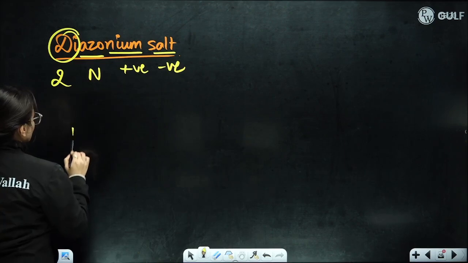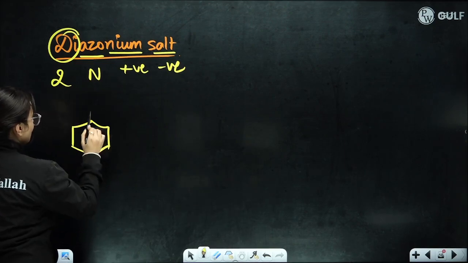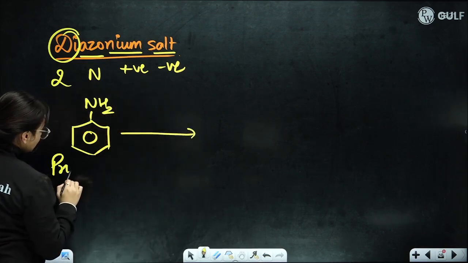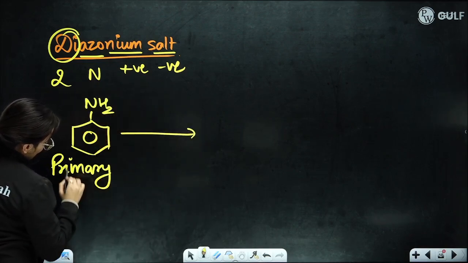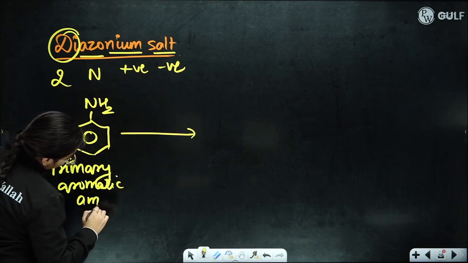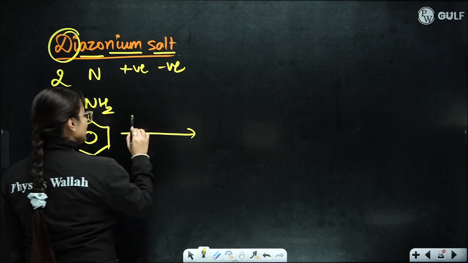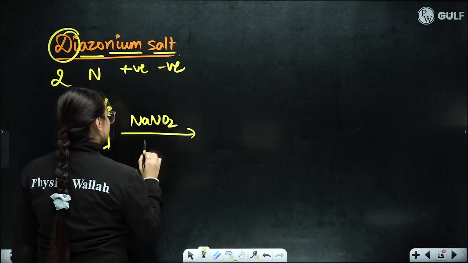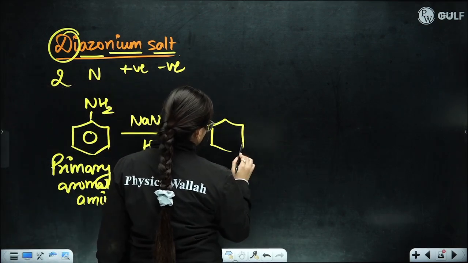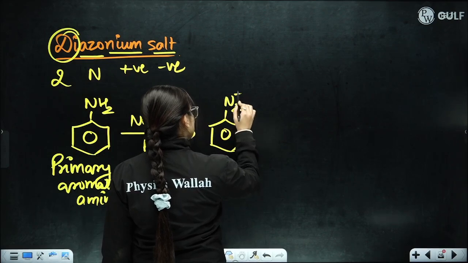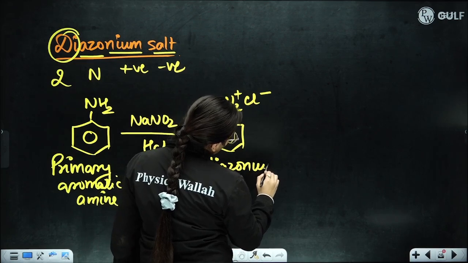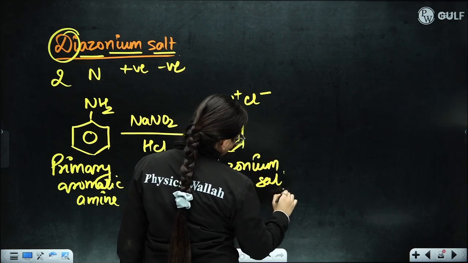Now, for example, if you have your primary aromatic amine, that is NH2, and you react it with NaNO2 and HCl, diazonium salt will be created: N2 positive, Cl negative.